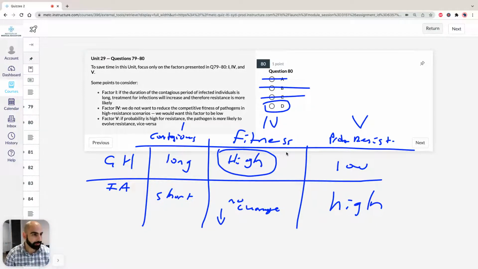Whereas if you don't want to reduce the competitive fitness of pathogens, we want this to be low. So that's why the answer has to be D. It's just trying to wrap your head around this. I know this should probably be a section 1 question because it is a lot about comprehension, but it's there and you've got to answer it.